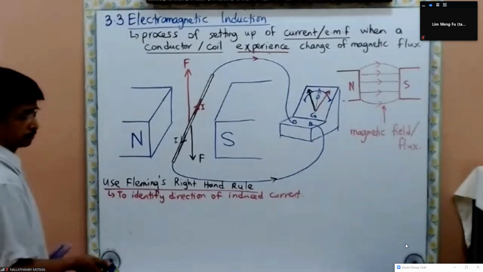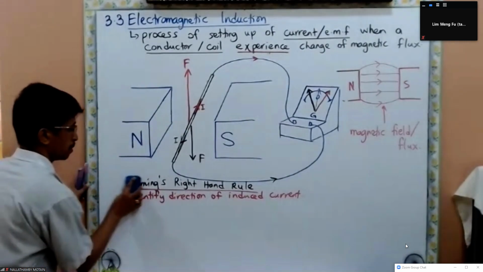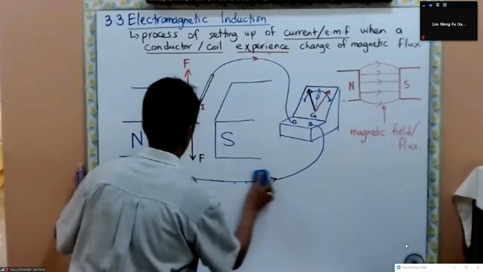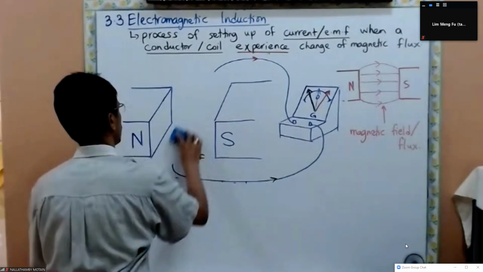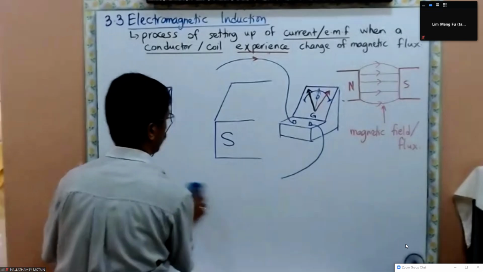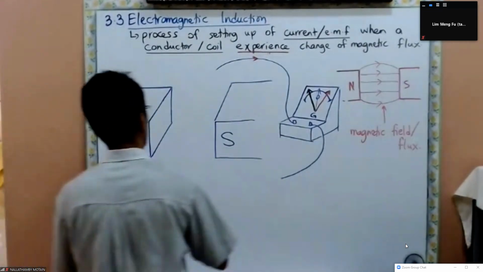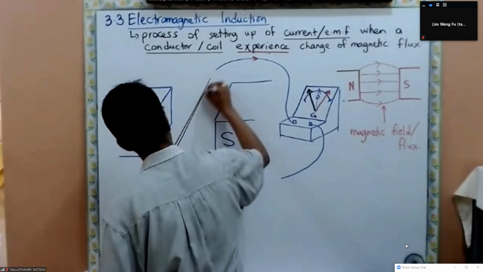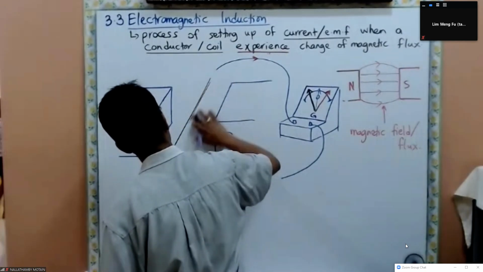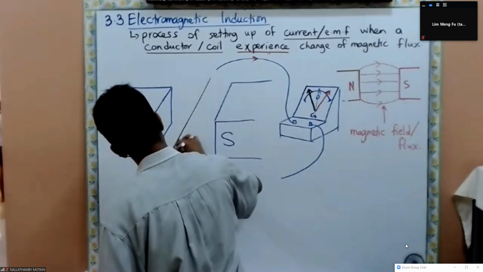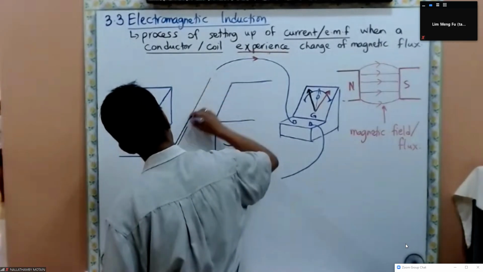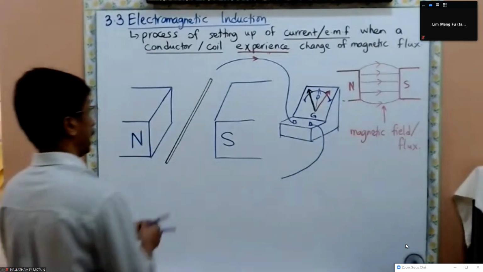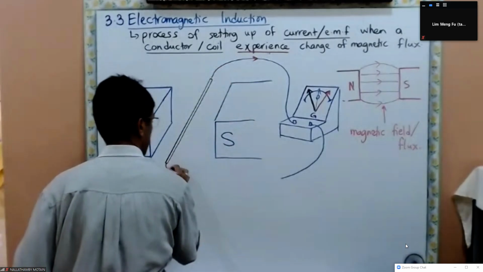Okay. Now, the next one is we want to check when current is induced and when no current is induced. Just now I placed a copper rod in between, and then we connect it to the galvanometer.